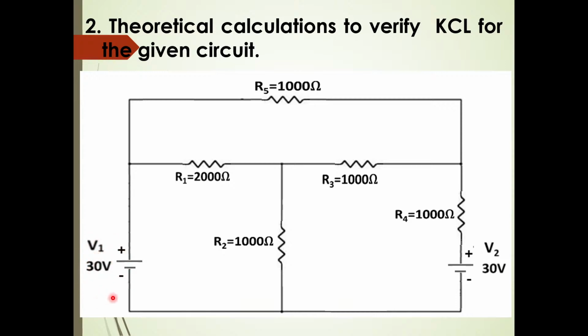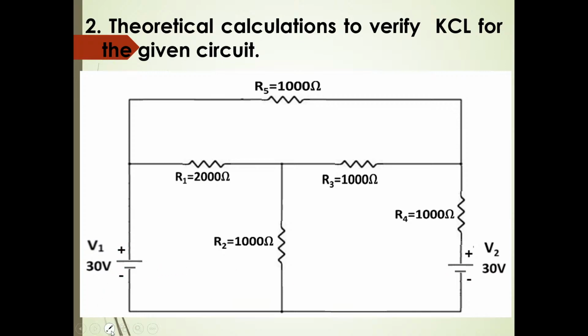There can be a current source or a voltage source. If you carefully observe, there is a voltage source whose value is 30 volts, with notation V1, and another voltage source whose value is 30 volts and notation is V2. So we have two voltage sources, and both have the same voltage value, 30 volts.